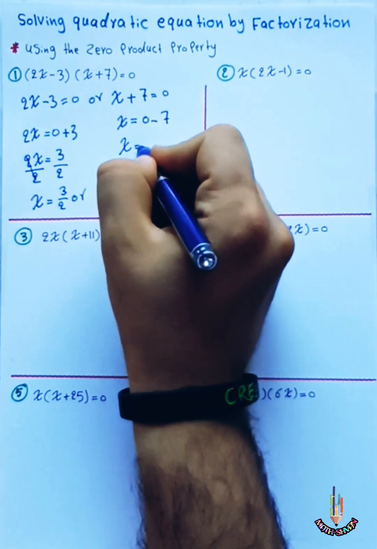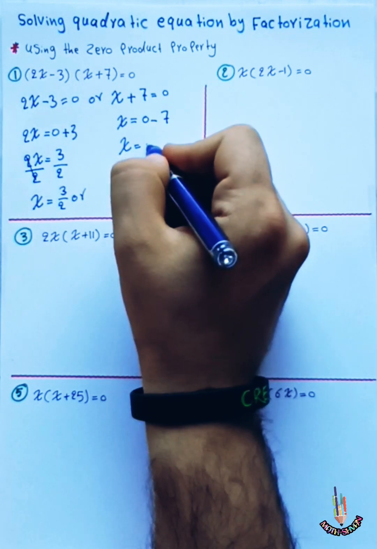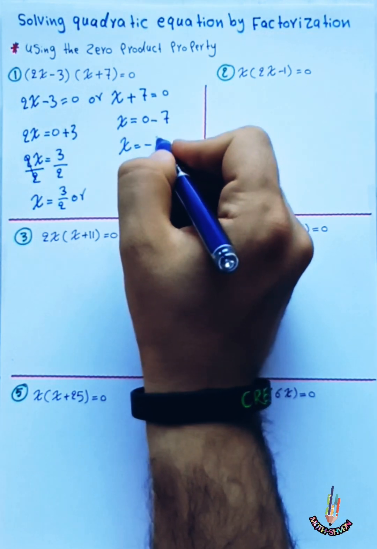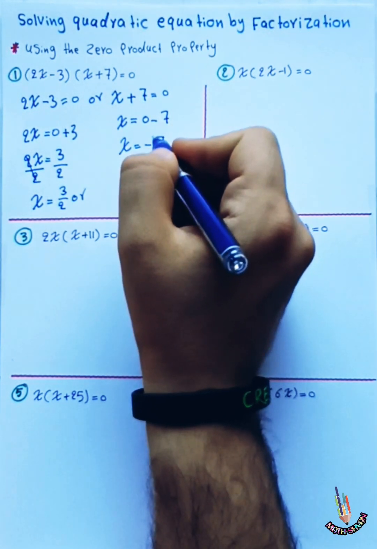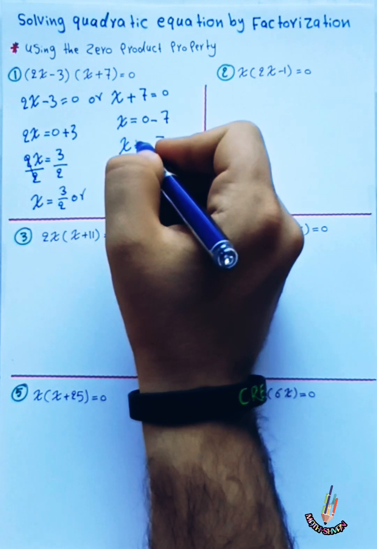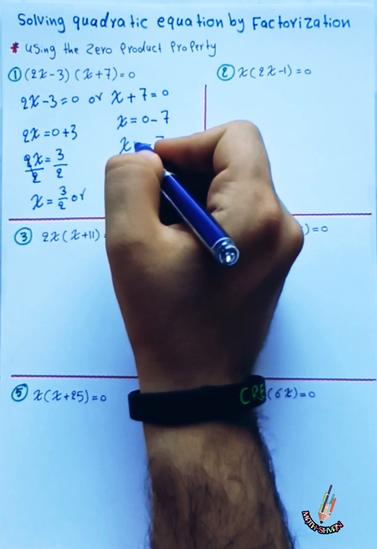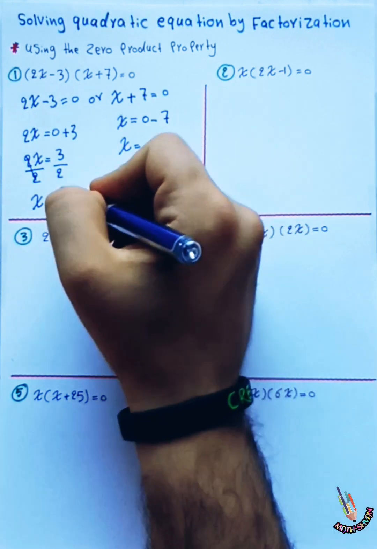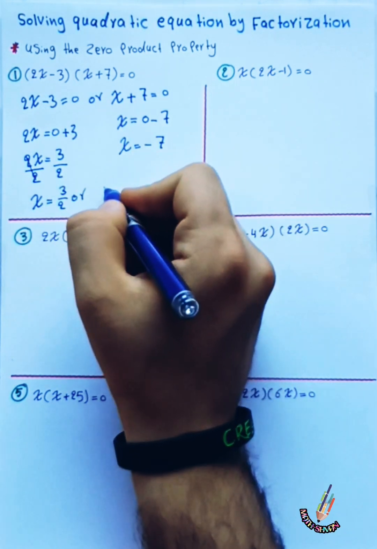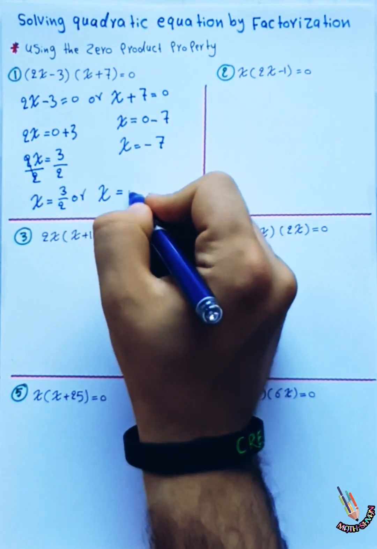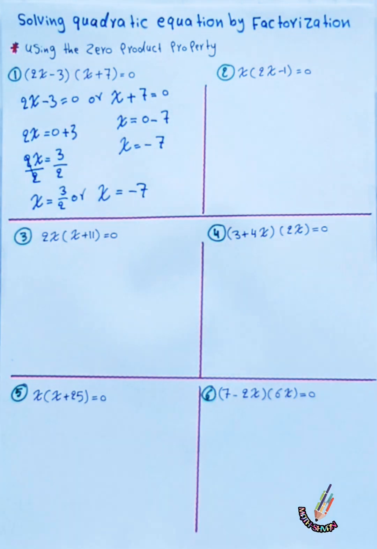And then x is equal to 0 minus 7 equal to negative 7. So the solution for this equation is 3 out of 2 or negative 7. So x has two values, 3 out of 2 or negative 7.